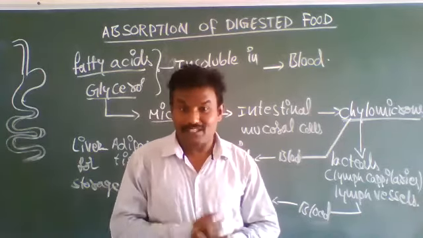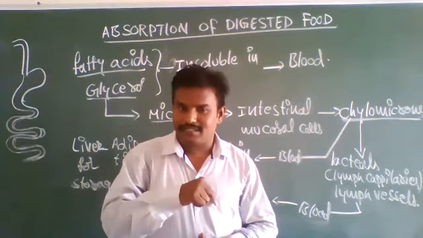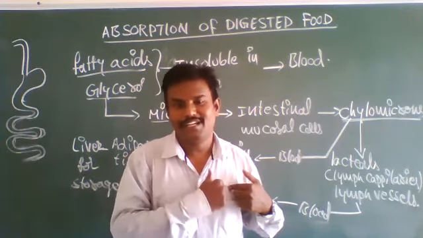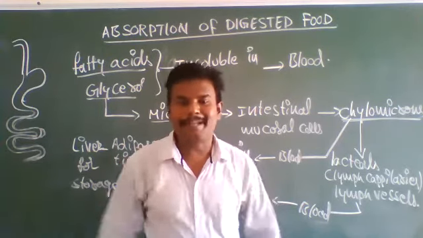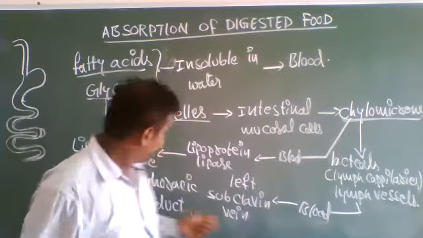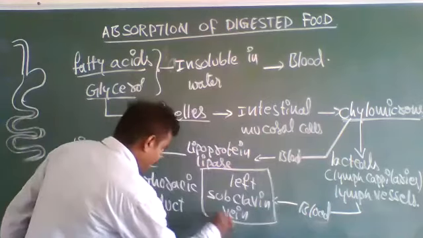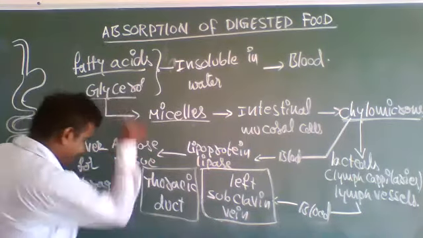Via the thoracic duct, it enters the heart. Those substances enter the heart, and from the heart they are supplied throughout the body. So subclavian vein is one, next the thoracic duct.